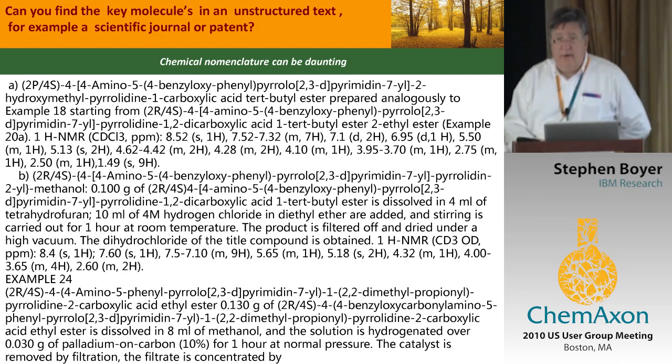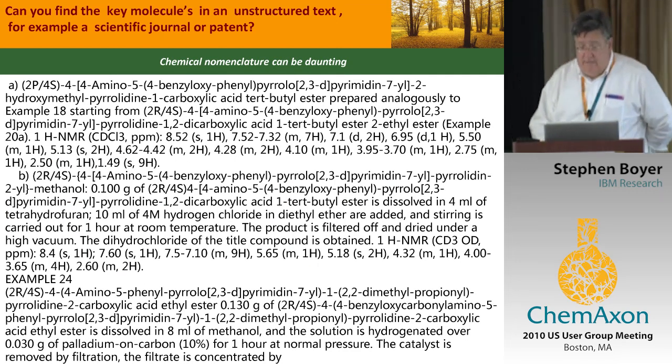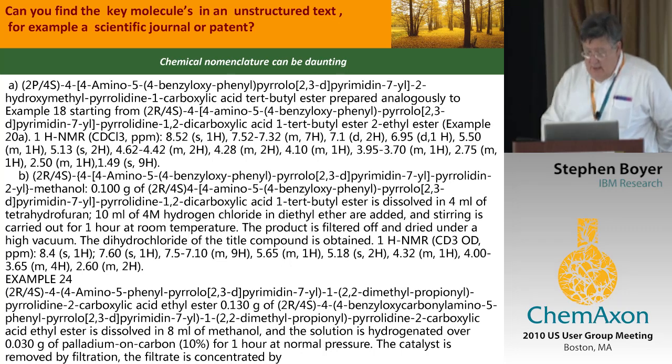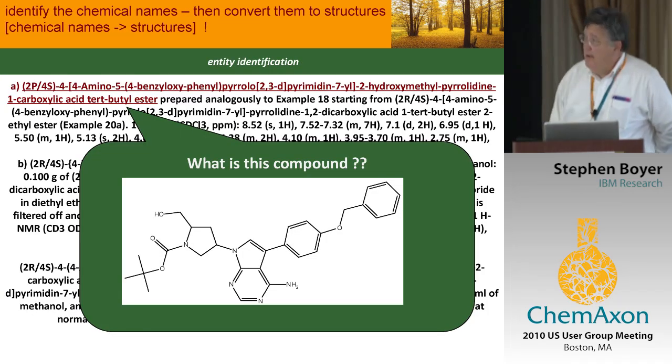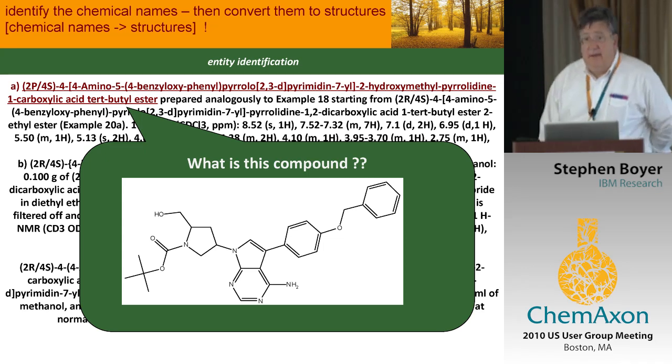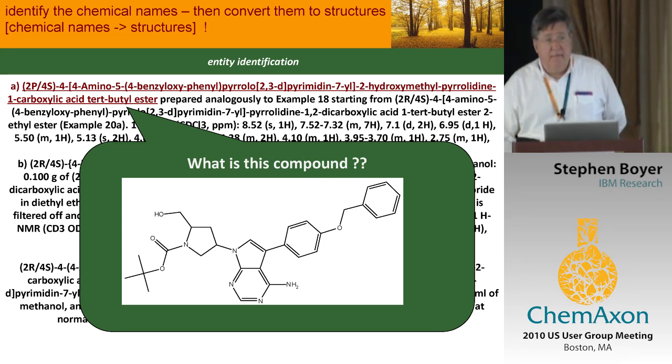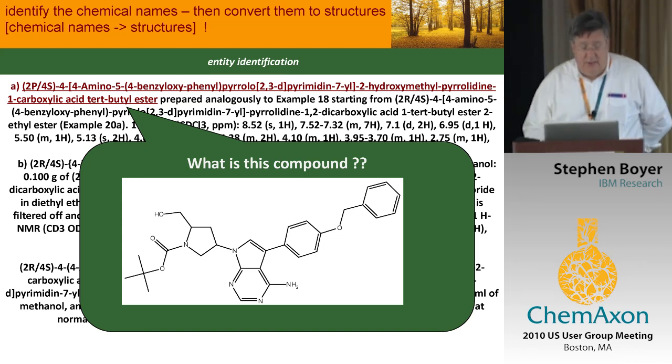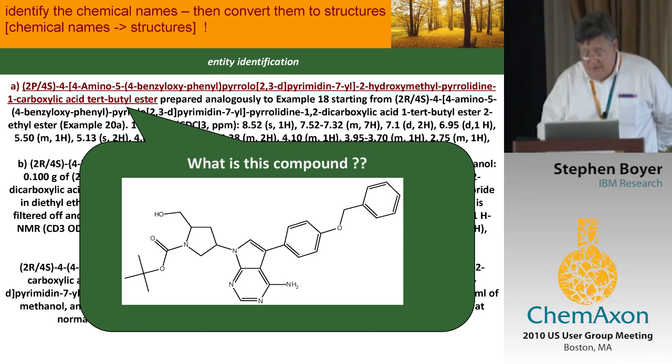So very briefly, here's an example of the text of a document. And the challenge here is, what is that compound? Even those of you who are knowledgeable of chemical nomenclature find it quite challenging to convert that rapidly into a structure.